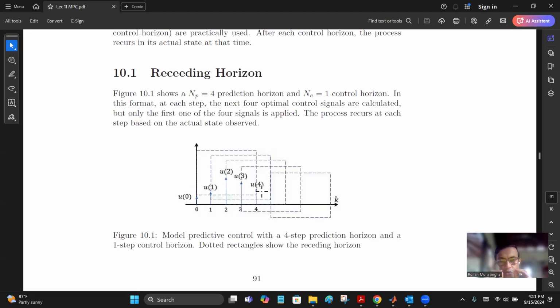And you can issue these 4 control signals, or maybe 3 of them, or maybe 2 of them, or maybe just one of them. And then, when you step forward into the next moment, 1, you see another 4 steps into the future. Then it is the next rectangle over here: same 4 steps, but shifted forward by 1.